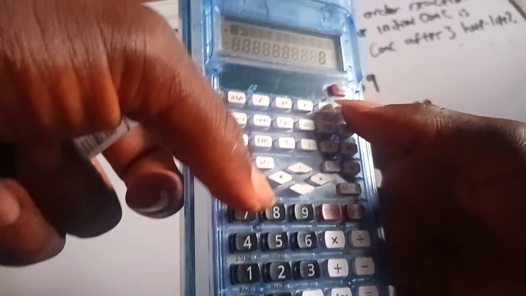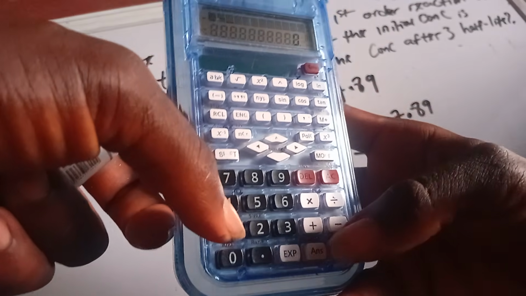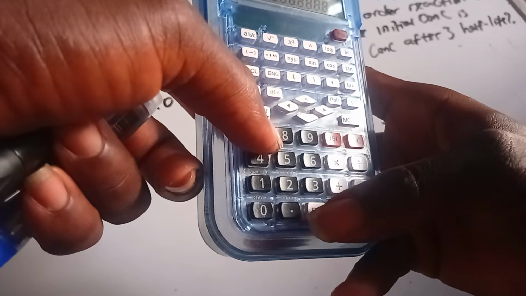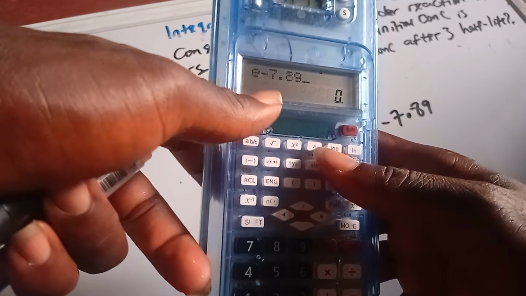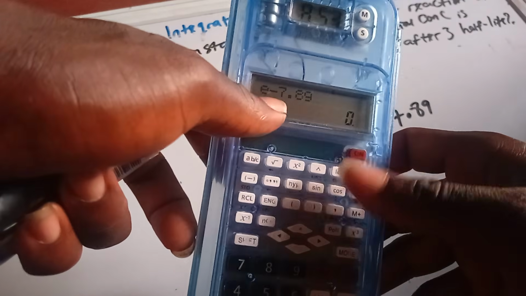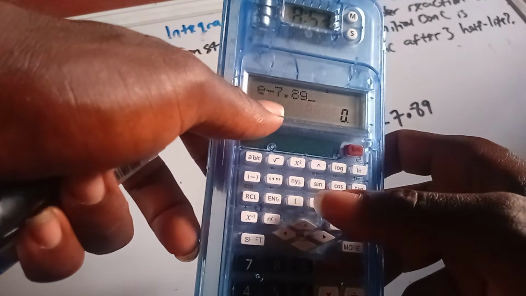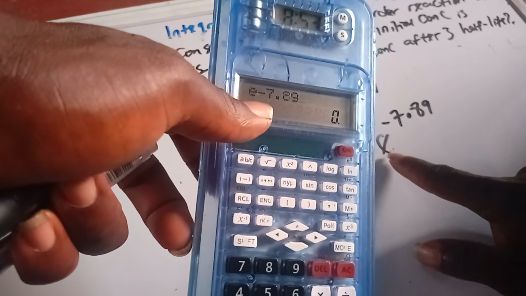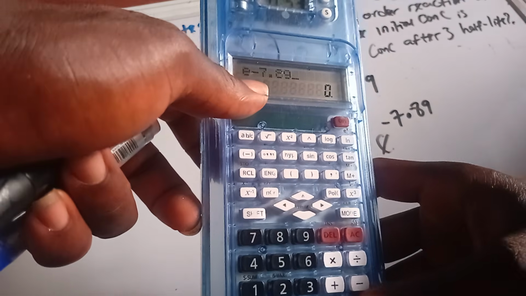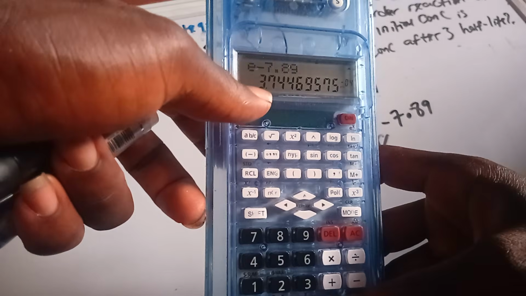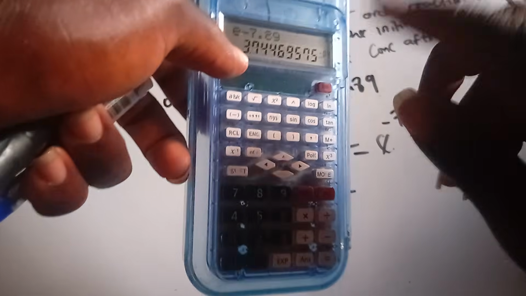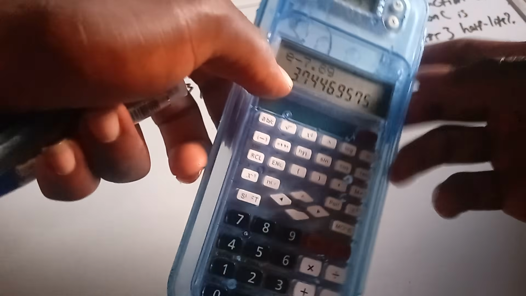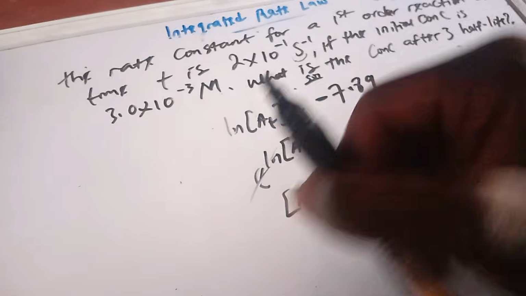Just type it directly: shift ln, minus 7.89. Just say e after your shift ln, then you type minus 7.89. So we can see now. If you put power, whether positive or negative, it will bring a syntax error. Maybe that's how it is for every other calculator, but for this calculator, don't put power.